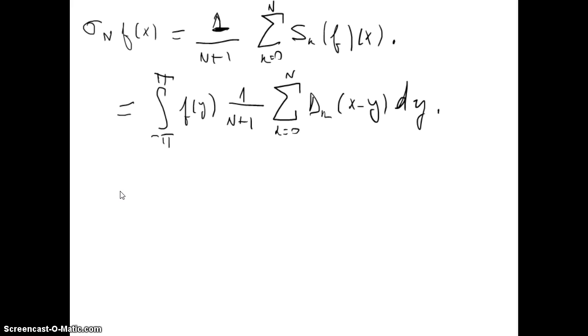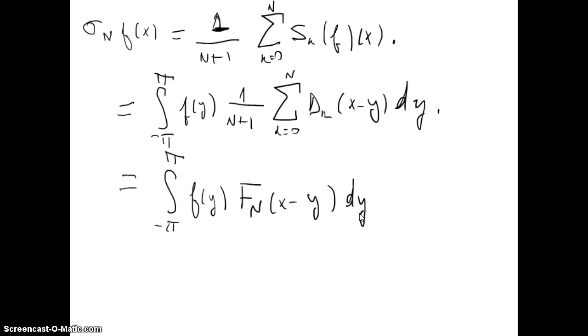And this will be equal to the integral from minus pi to pi of f(x minus y) times F_n(y) dy, where F_n will be the Fejer kernel.